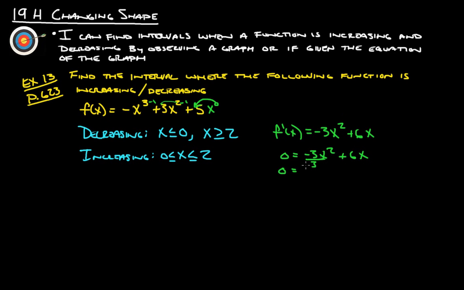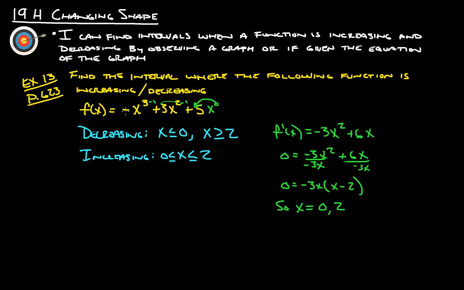We can get a negative 3 out of both of these, and actually you can get an x out of both of these too. 0 equals negative 3x times, that's just going to leave us with x minus 2. In order for this to equal 0, x has to equal 0, or x minus 2 gives us 0. So those are our two places where the slope equals 0.